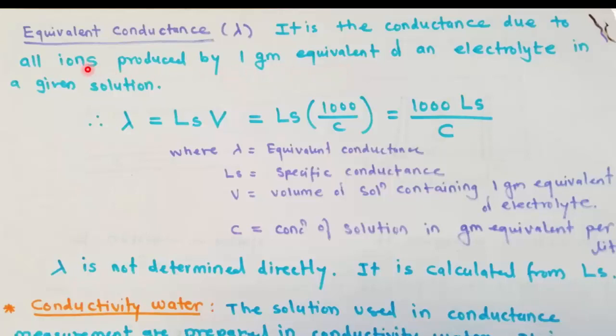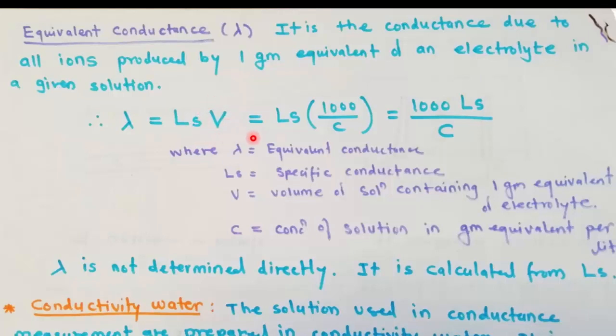Mathematically, the equivalent conductance is shown as lambda, or lambda V. Lambda is equal to Ls into V. This Ls stands for the specific conductance of the solution and V stands for the volume of solution containing 1 gram equivalent of the electrolyte.